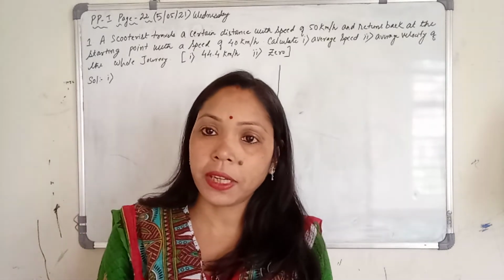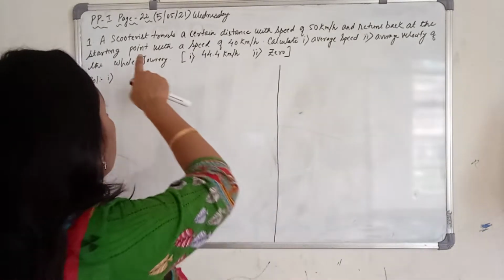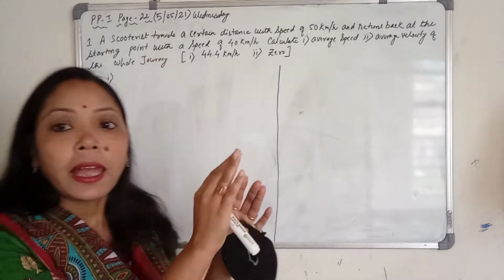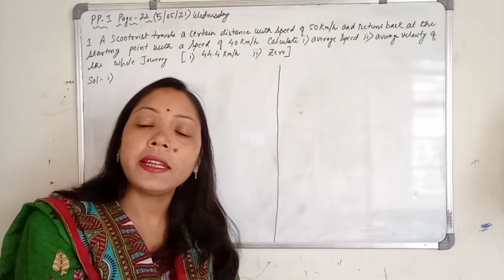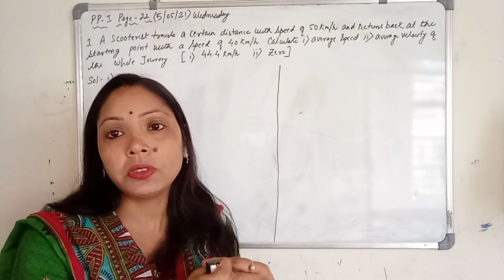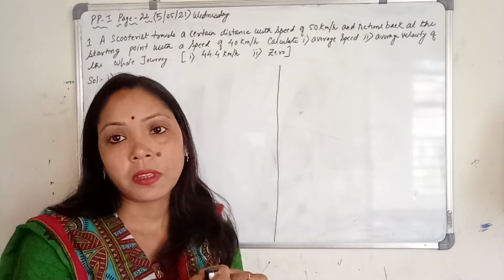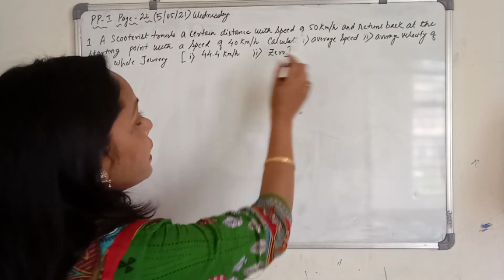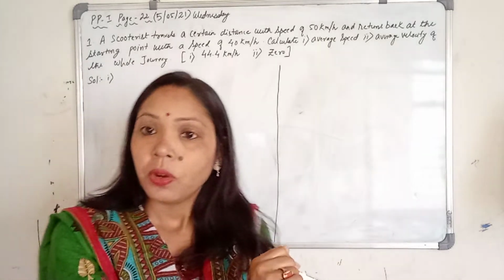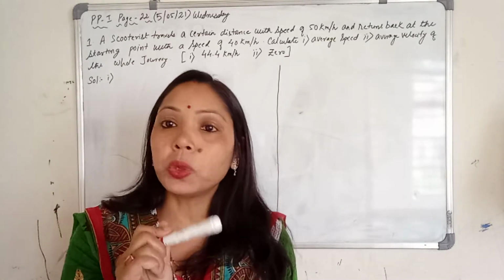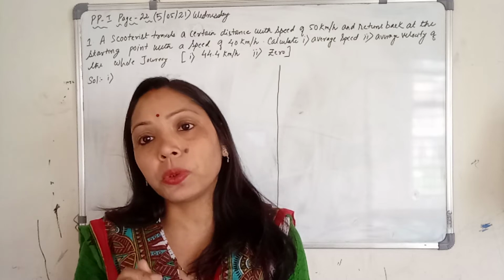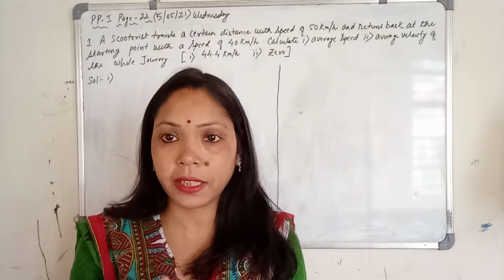Here in this question, the scooterist travels a certain distance, and then he returns back on the same path. So to find the average speed, we need the total distance and the total time taken.